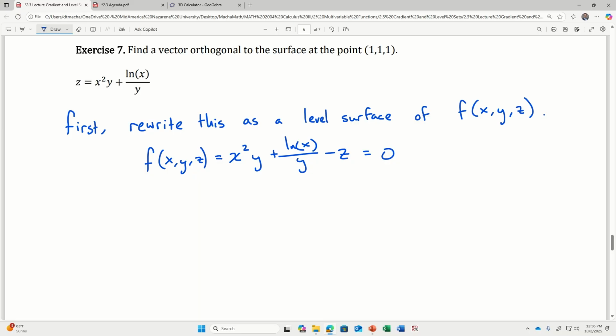All I had to do was subtract z from both sides. And this is a level surface where the function is equal to 0. And since the gradient is orthogonal to level sets, I just have to find the gradient of this function f that I just invented.